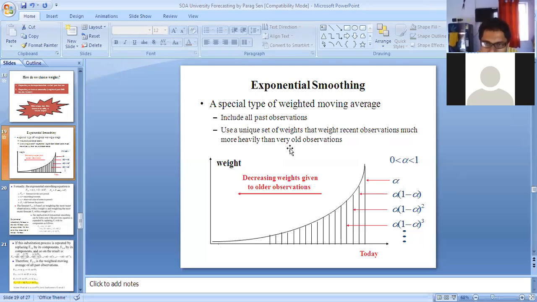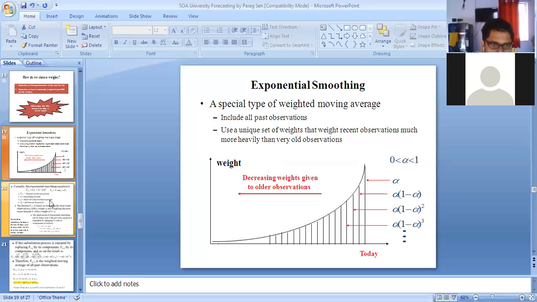As you move towards the past data or the earlier data, you give less weightage to the earlier data. Suppose here a value of alpha is known as the smoothing coefficient.